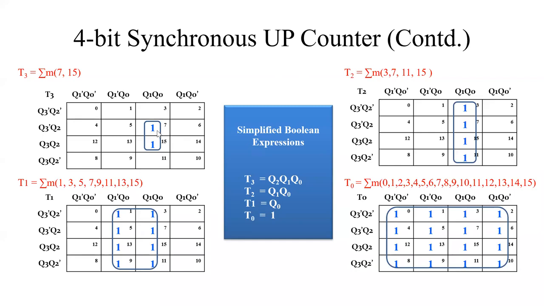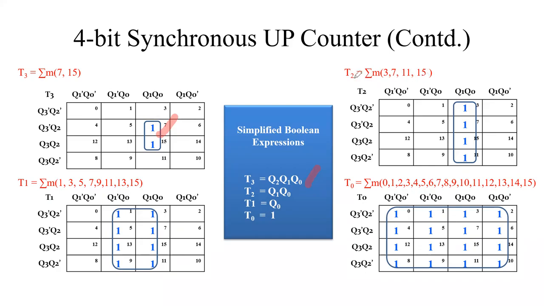For T3, the common variables are Q2, Q1, Q0. So T3 is equal to Q2 Q1 Q0. What we got from this Karnaugh map, the same Boolean function we represented here.